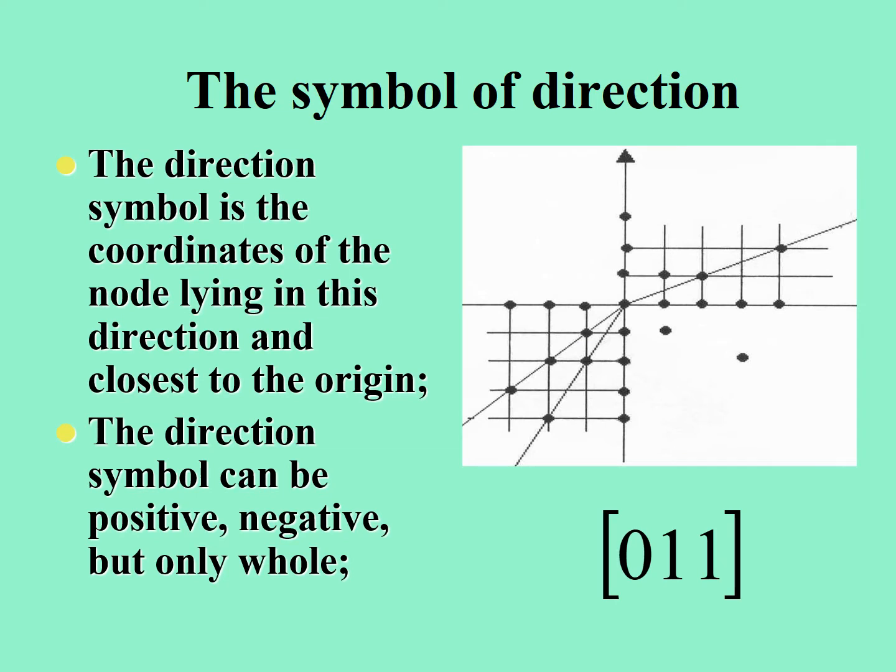The direction symbol is the coordinates of the node lying on this direction and closest to the origin. And the direction symbol can be positive, negative, but only whole. Here, this example is the symbol of direction.